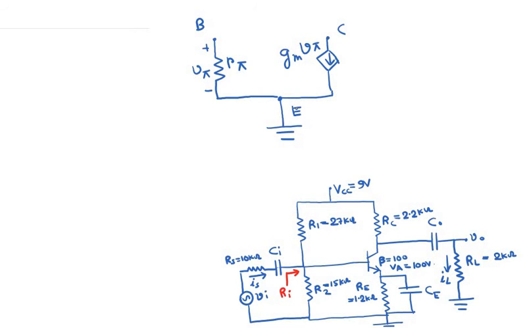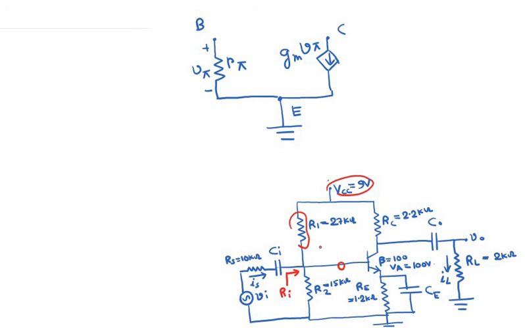Now between the base and the ground, this resistor R2 is present, and again this point VCC equal to 9 volt also acts as the AC ground. So between the base, that is this point, and the AC ground, this resistor R1 is also present.